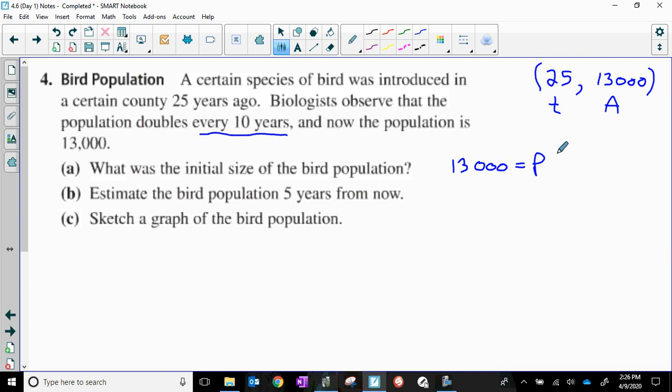And then this is going to be times 2 to the time, which is 25, divided by the time it takes to double. So if you want to get P by itself, that is 13,000 divided by 2 to the, and 25 divided by 10 is what, 2.5?